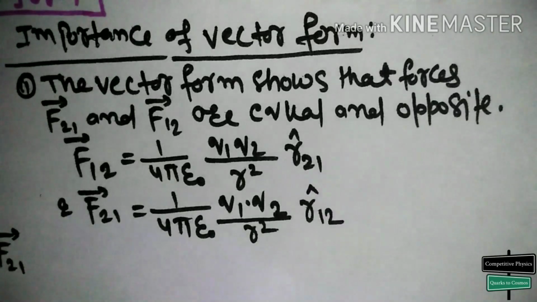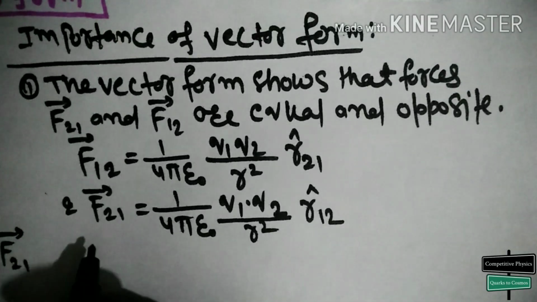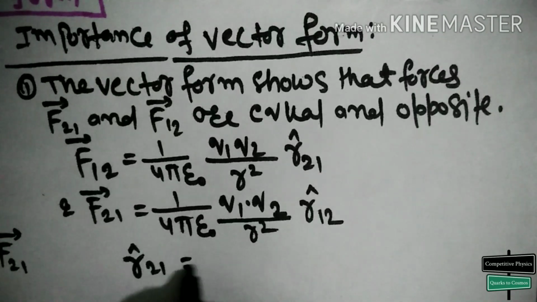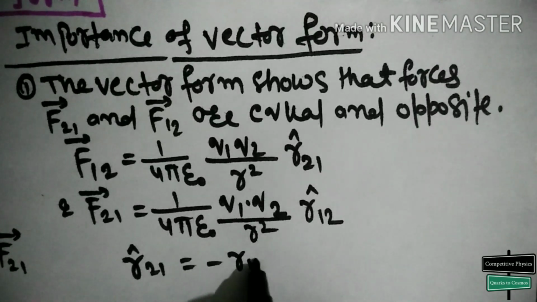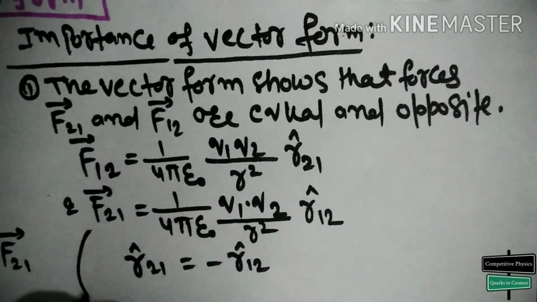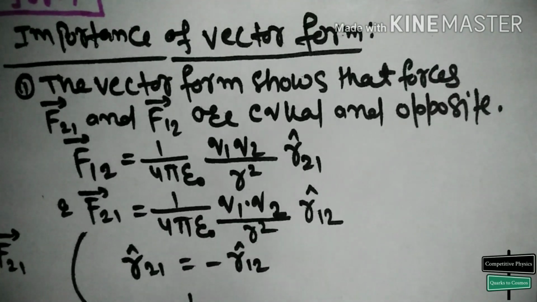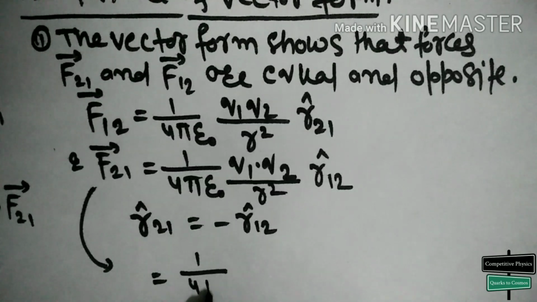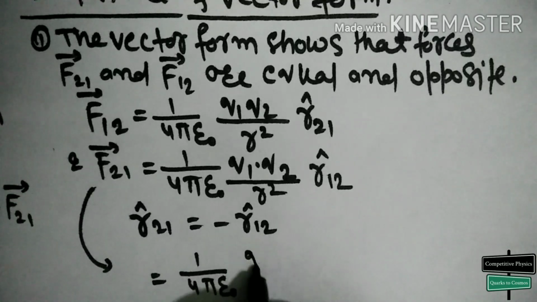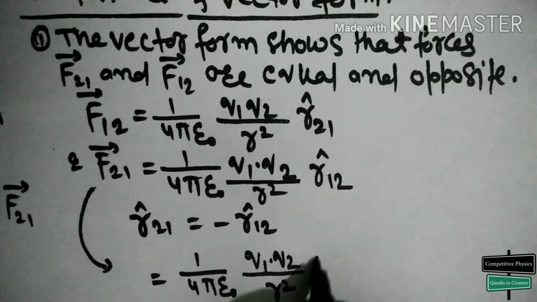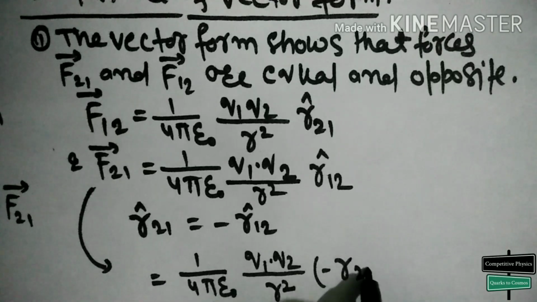These are equal in magnitude but opposite in direction. That is, you can write r21 cap equals minus of r12 cap. So using this equation, this equation can be written as 1 upon 4 pi epsilon naught Q1 into Q2 upon r square into minus of r21 cap.